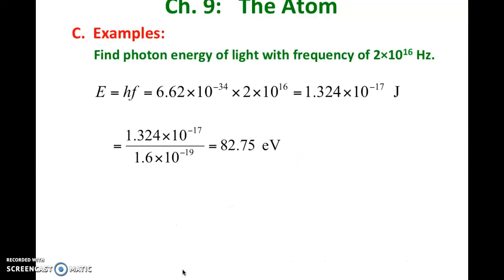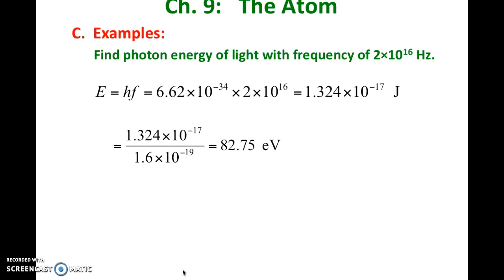For an example, find the photon energy of light with frequency of 2 times 10 to 16 Hz. From the photon energy formula, E equal h times f, substituting the numbers of Planck constant and the frequency into the equation, we obtain the photon energy to be 1.3 times 10 to negative 17 joule.